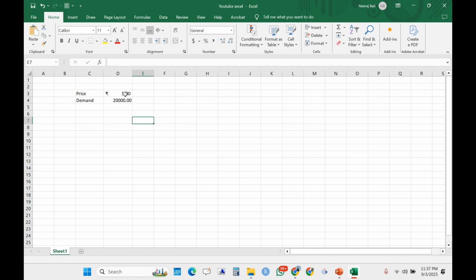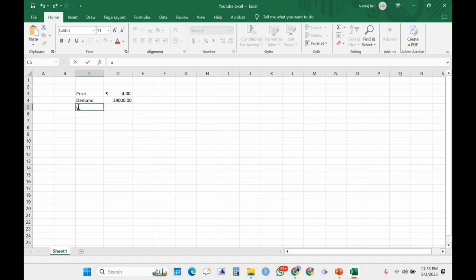This is our assumption, so that's why we have this formula. But the logic is correct: per unit increase in price, the demand will reduce by 9,000. So presently, our assumption is that price is 4 rupees as of now.